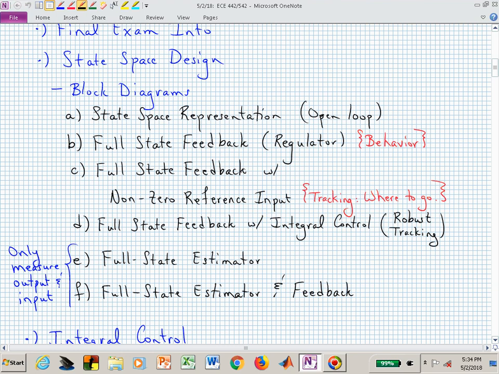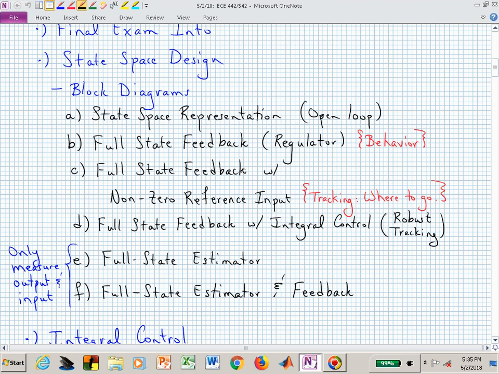Then we start looking at E and F, where we're only measuring or have access to the output waveform or signals and the input. Can we use those to actually estimate the full state vector? And if we now have a way of estimating the full state vector, can we actually sort of fool the system and use that as if it was the full state vector? And that's what the last one is.